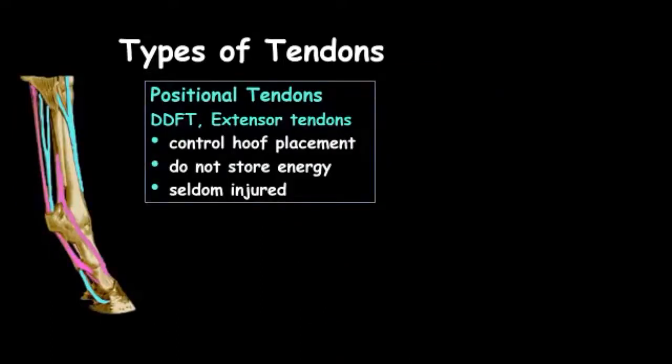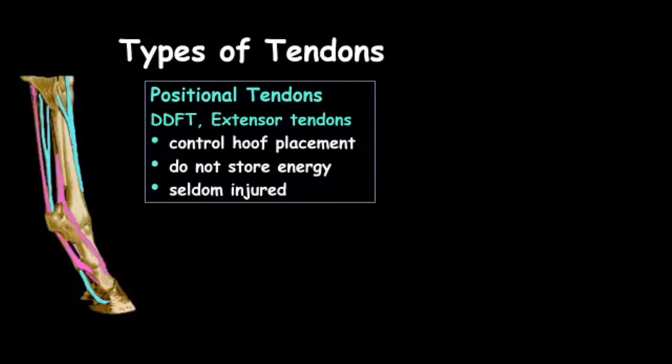Now, in the distal limbs of the horse, we have both positional tendons and elastic tendons. The positional tendons are the deep digital flexor and the extensor tendons, and those are shown in the diagram here in blue, the deep flexor and the extensor tendons. And it's not a coincidence that this pair of tendons are on the opposite side of the leg.